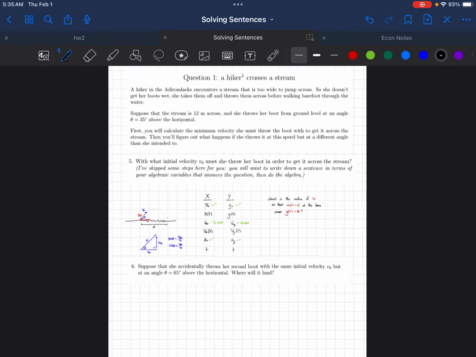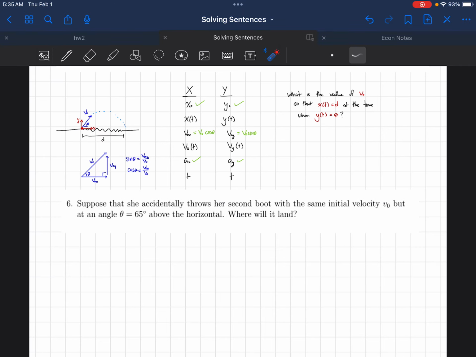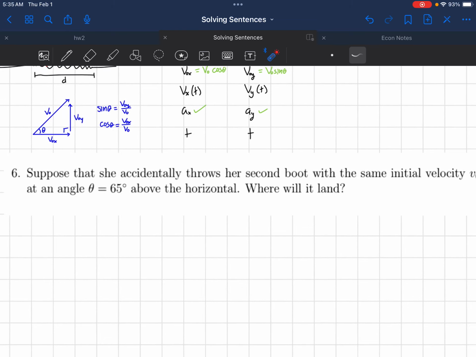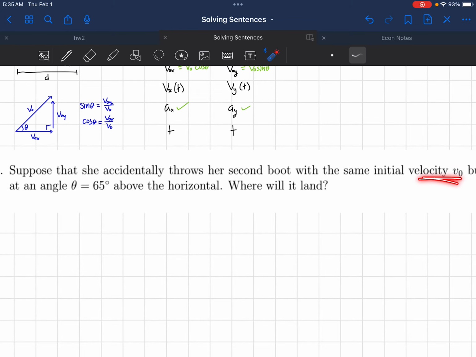Now similarly, if we accidentally throw the second boot with the same initial velocity but a different angle, where will it land? So now, given v naught and a new angle theta, where will it land?